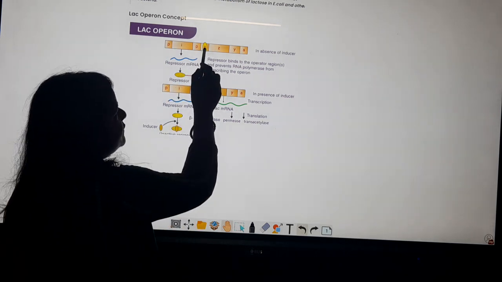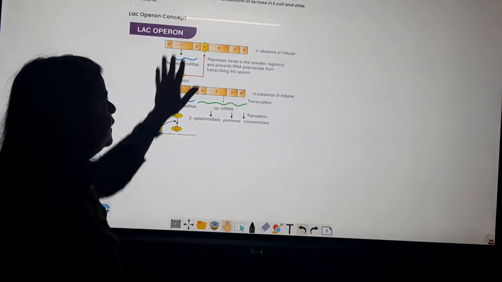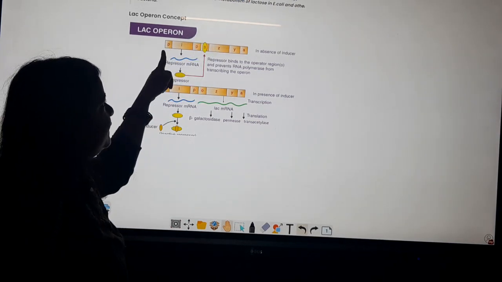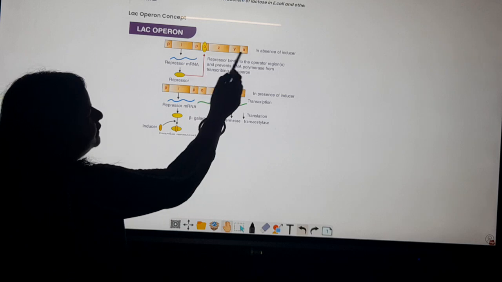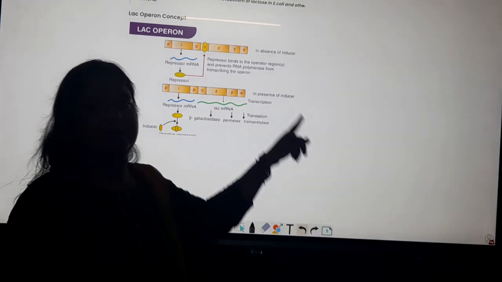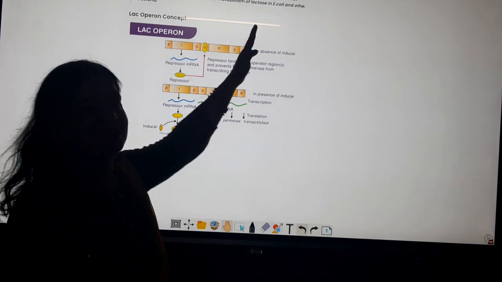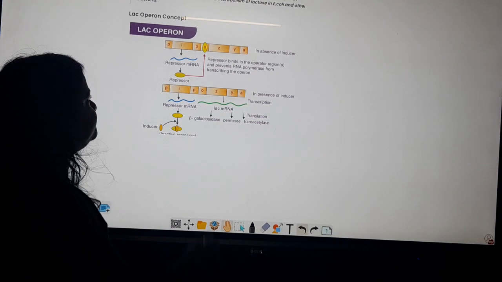So this repressor binds to the operator region, and when the RNA polymerase is transcribing this DNA strand, it will stop here. And further, the functional genes Z, Y, A of this operon will not be transcribed. Why?